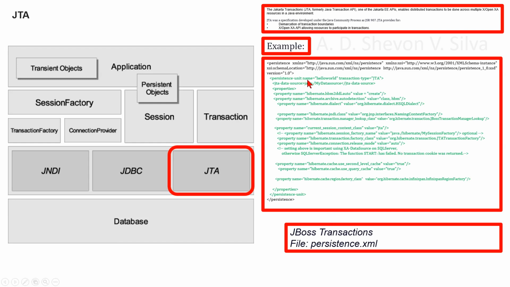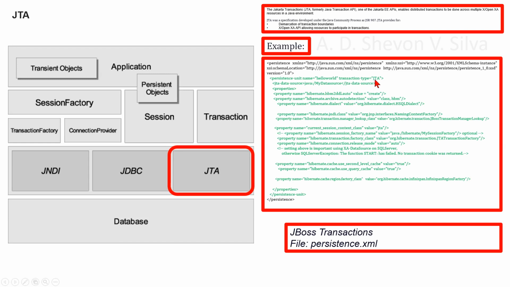Every entity manager must have a name, and a transaction type attribute. Transaction type is used either JTA or RESOURCE_LOCAL, defaulting to JTA in an EE environment, and to RESOURCE_LOCAL in a Java SE environment.